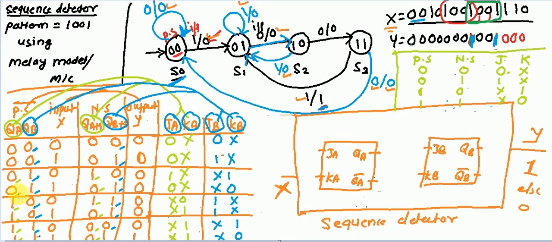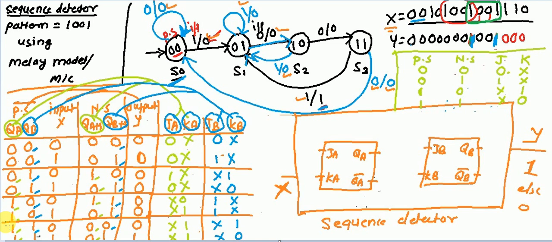If present state is 1, next state is 1, J is don't care, K is 0.